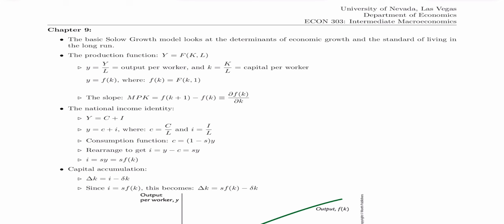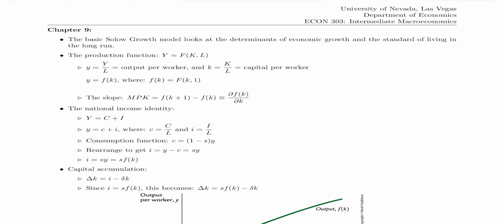National income identity in per worker terms, that is lowercase y equals lowercase c plus lowercase i, with lowercase c equals 1 minus lowercase s overall times lowercase y, and lowercase i equals lowercase s times lowercase y, so lowercase i equals lowercase s times a function of lowercase k.